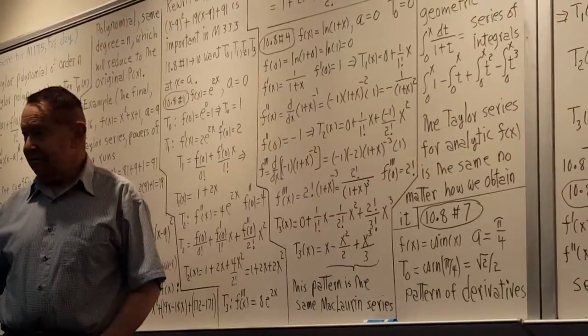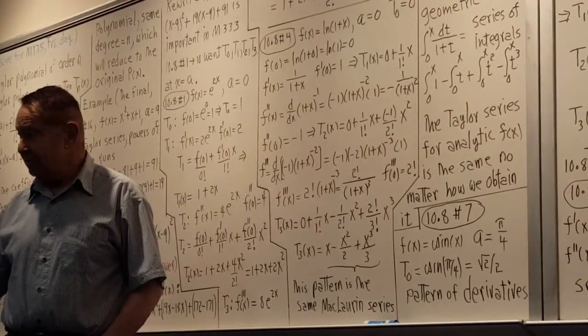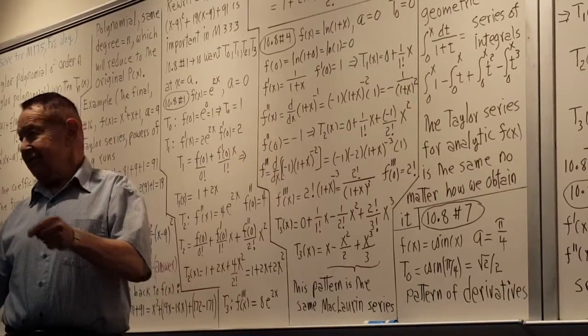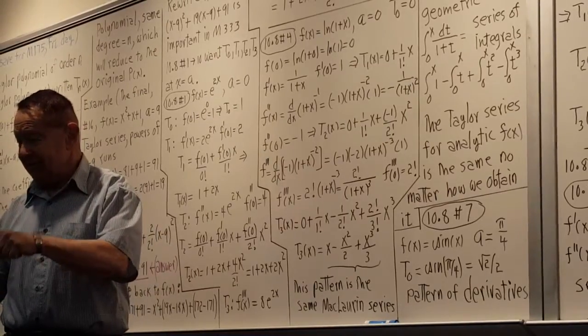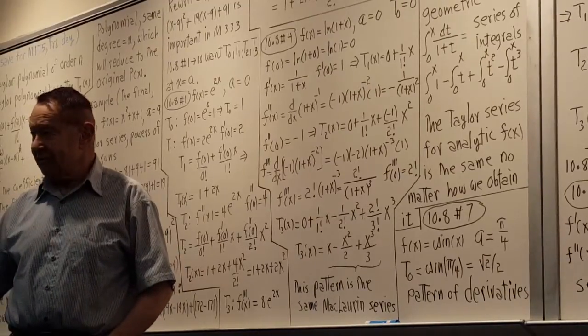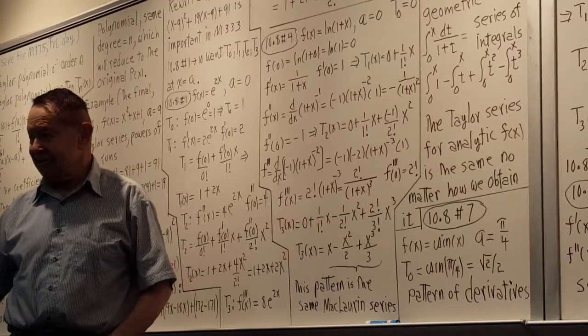Remember that in calculus it's always radians, because the derivative of the sine is not cosine x unless you're in radians. If you're in degrees, it's pi over 180 times cosine.